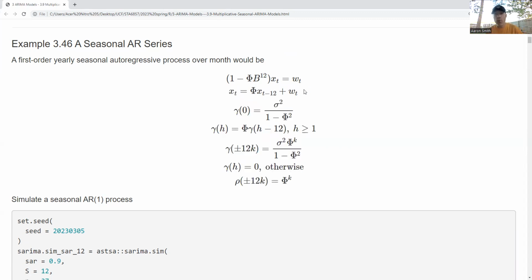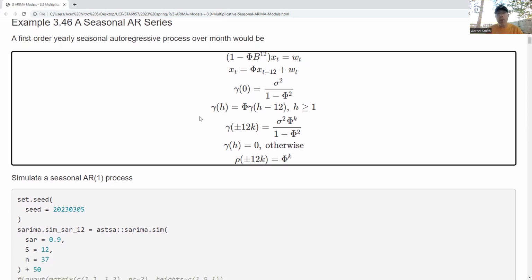Now, if we sit down and work through this, this is very similar to the calculations of an autoregressive degree 1 process. And so this is a seasonal degree 1 autoregressive process. But if I sit down and start doing the pencil and paper math, it's really similar to the regular degree 1 autoregressive process. Okay, so let's go ahead and simulate an example like this.